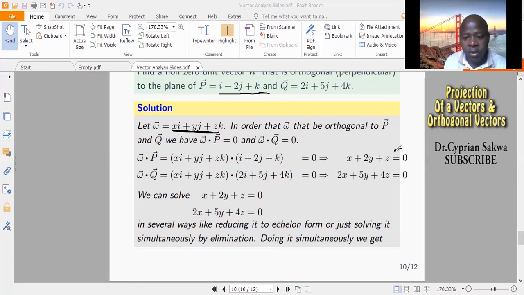So I have these two equations, and we can solve them simultaneously, or we can solve by reducing to echelon form. These two equations can be solved in several ways, like reducing to echelon form or just solving them simultaneously. So I decided to solve them simultaneously.